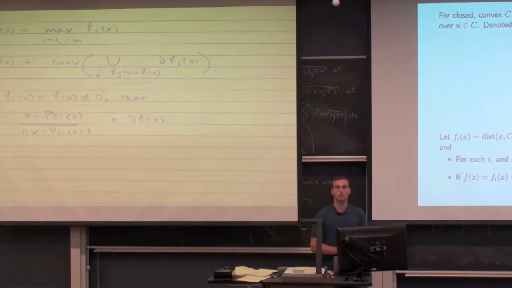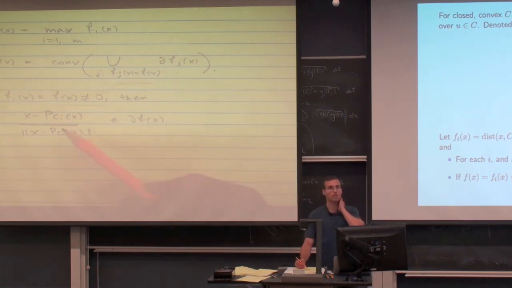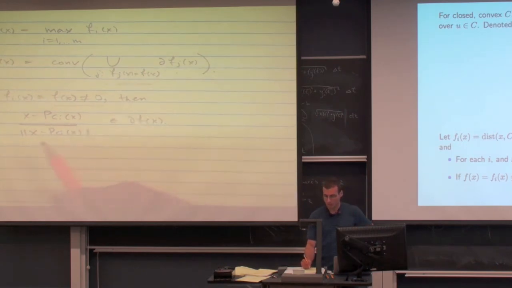Okay, that's just from that rule. So now we actually have a prescription for computing subgradients of f. What do we do? We find a set that the point x is farthest from, where the distance is the largest. We project that point onto that set, and we divide the difference by its norm. That's a subgradient of f. Okay, so now we're good.